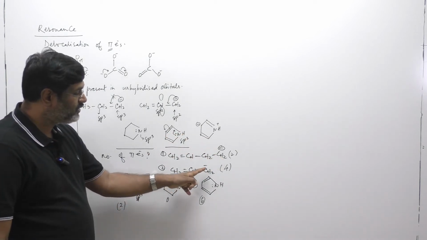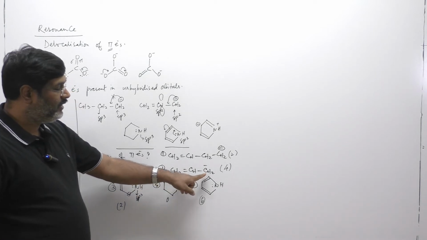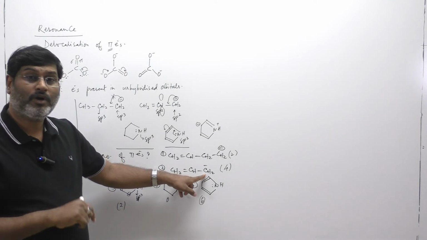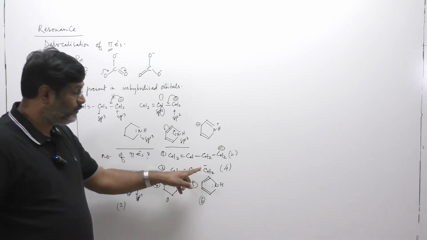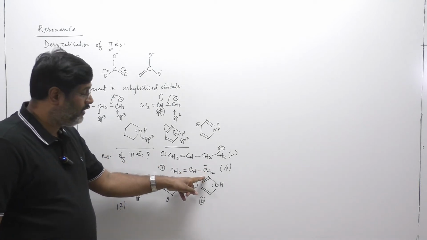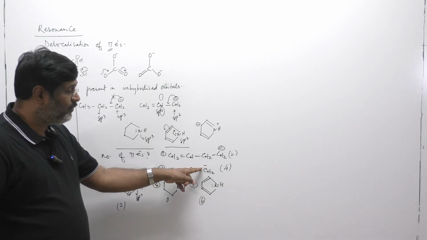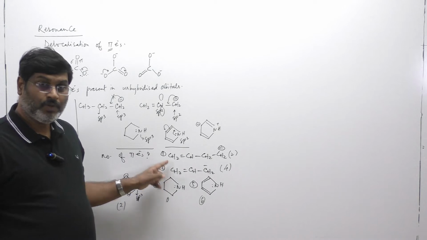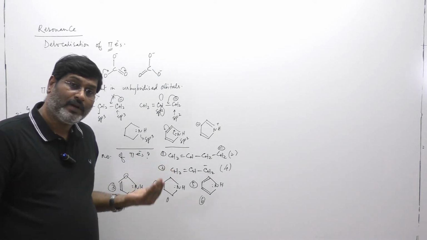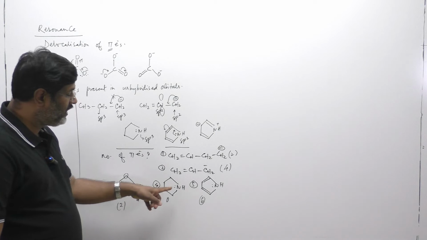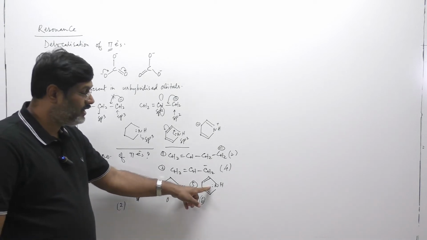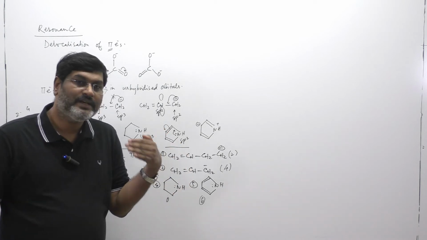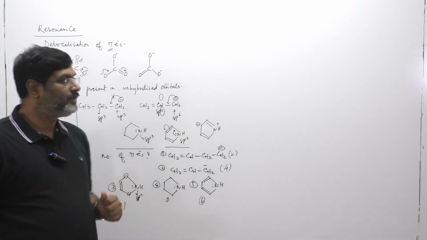Here you see, will this electron pair be localized or delocalized? It will be delocalized. At present this electron pair is here, but it can change its place, will form a double bond and can come to this place. So that will be delocalized. But here localized, here delocalized, can keep on changing its place, right?